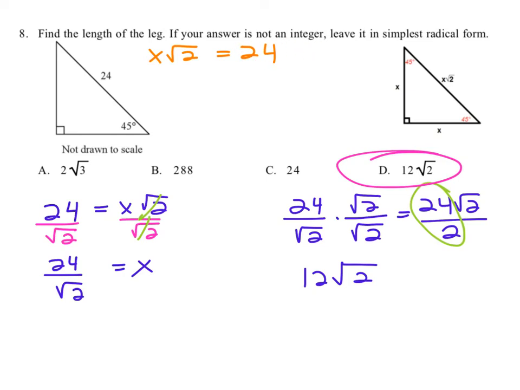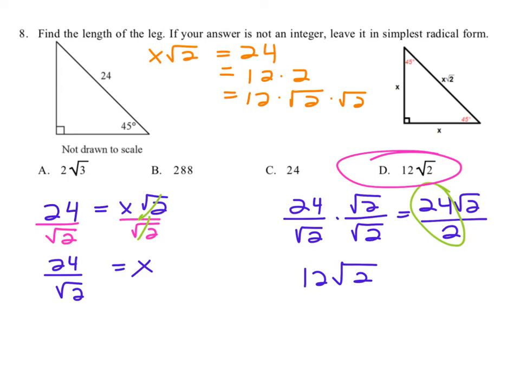Well, we can do that. 24 is just the same as 12 times 2. How do we break 2 up? We break 2 up into root 2 times root 2, because we know root 2 times root 2 is equal to 2.